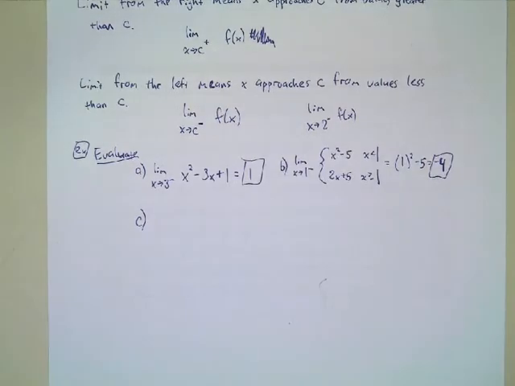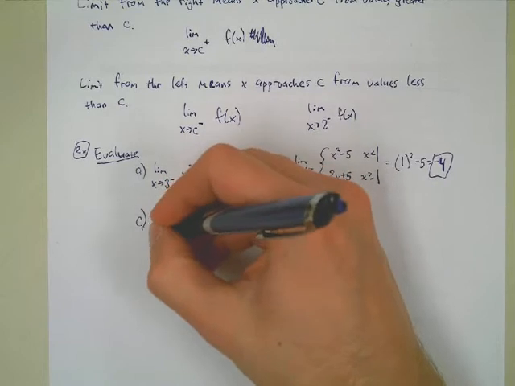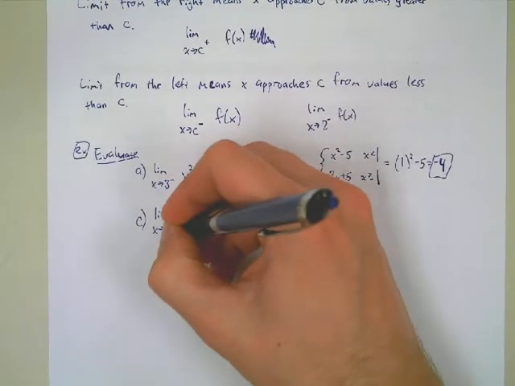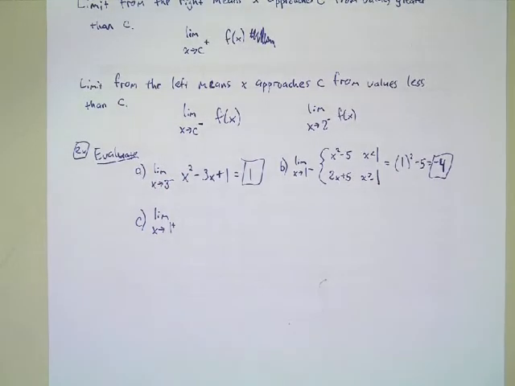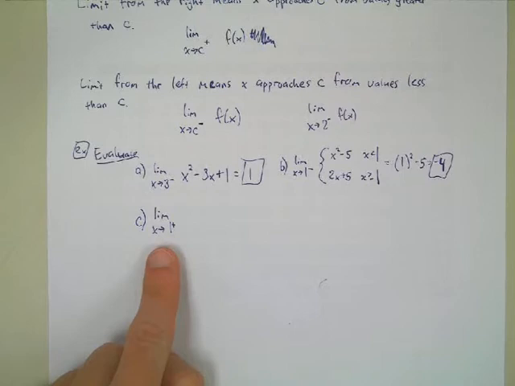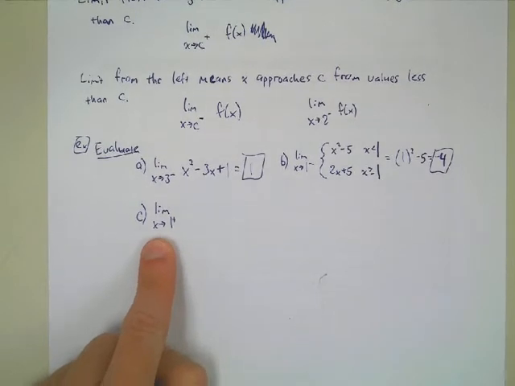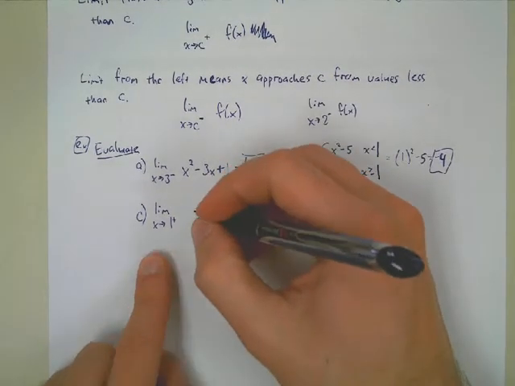We'll do one more here, and I'll let you guys try this one. The limit as x approaches... So Joey, what's this one say? Limit as x approaches what? 1 from the right side. 1 from the right side. Correct.